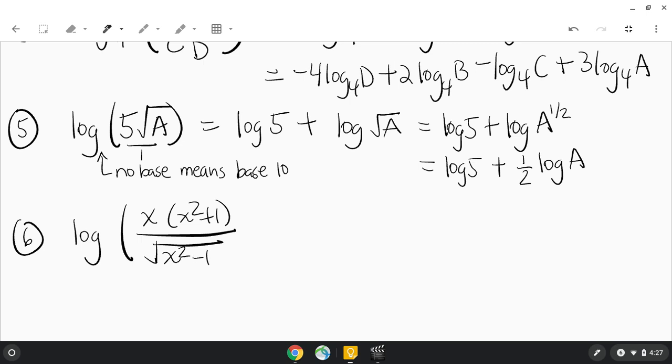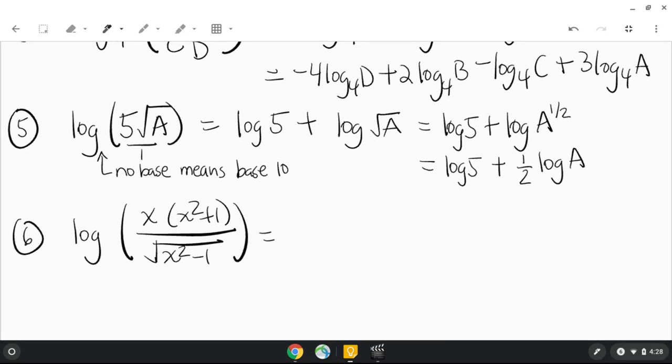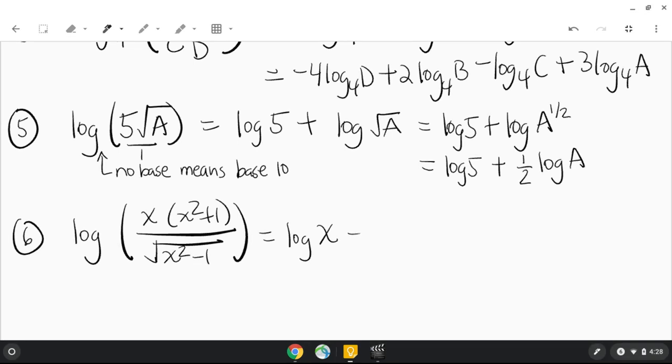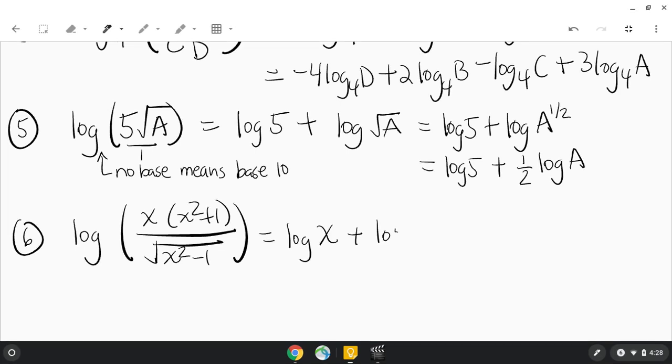It looks like it's complicated, but that's just an a times a b all over c. So it's really just 3 logs you should end up with. All right, so the top ones, x and x squared plus 1, those two will be positive. So log x plus log x squared plus 1.